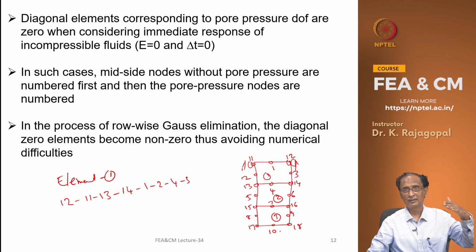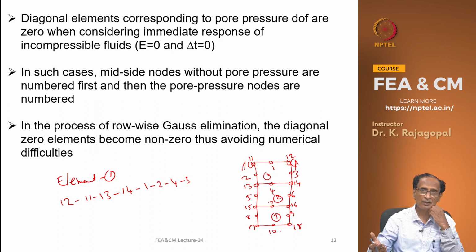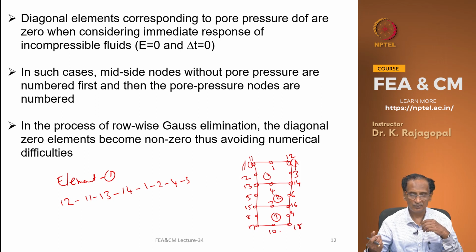So starting from the 21st degree of freedom, we may have some rows with diagonal elements with 0, and in the process of Gauss elimination, these zeros will turn into some non-zero numbers, and then we can avoid the numerical difficulties.